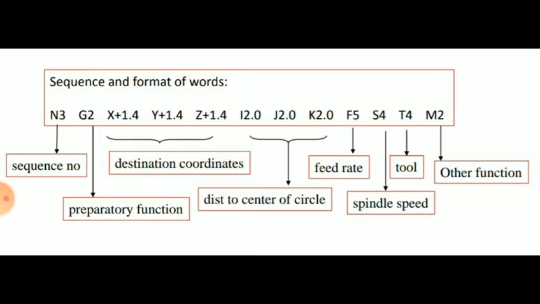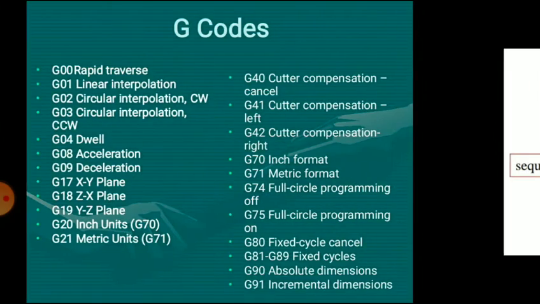N3 means it is a sequence number, G2 means it is a preparatory function, then X, Y, Z are the destination coordinates. I, J, K is the distance to the center of the circle, that is used for the arc. Then F5 means it is a feed rate, S4 is a spindle speed, T4 is a tool number, and M2 means miscellaneous functions or other functions.